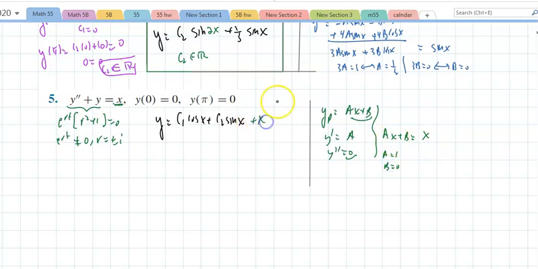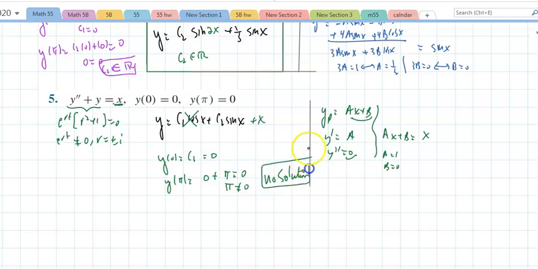So plus x, that would be the general solution. Now, if I take y of 0 equals c sub 1, and that equals 0, so this is gone. And y of pi will be 0 plus pi equaling 0. So pi does not equal 0. We have no solution.